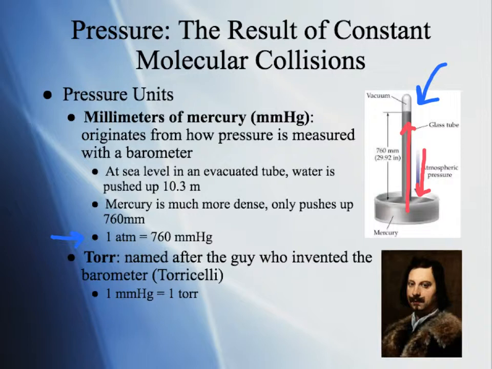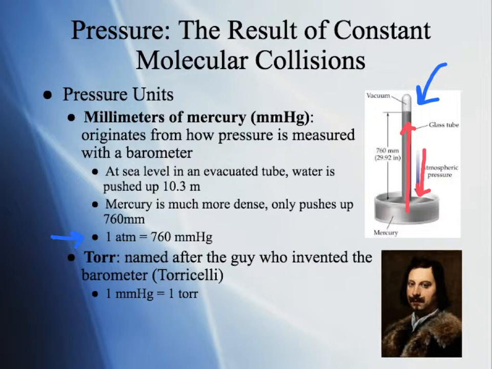All right, the last type of pressure unit that we're going to talk about, at least, is the torr. Basically, it's the same as millimeters of mercury because it's just named after the guy who invented the barometer, the Italian guy Torricelli. So 1 millimeter of mercury equals 1 torr. That's why if you take a look on the back side of the periodic table, at the bottom there are a bunch of pressure units, and they're all equivalent to each other.